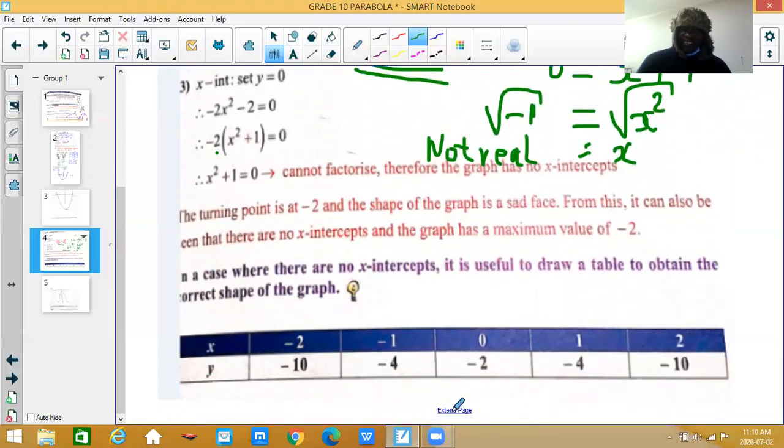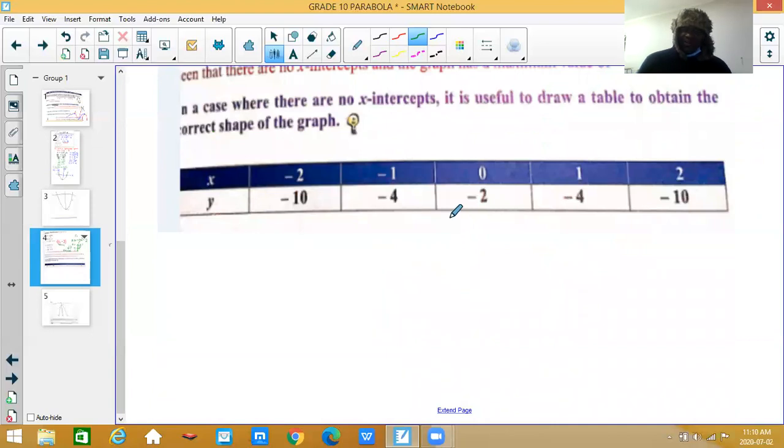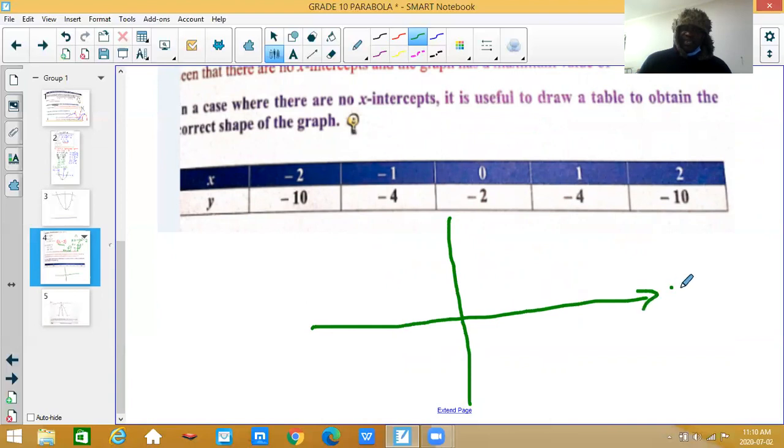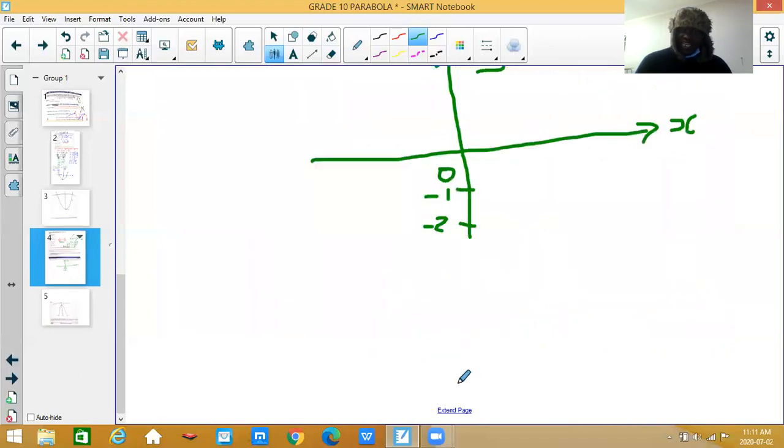Now we have our x-axis and our y-axis. This one is 0, then -1, -2 on the negative side of the y-axis. We can extend it like that, and then we can have 1, 2, 3 going on like that.